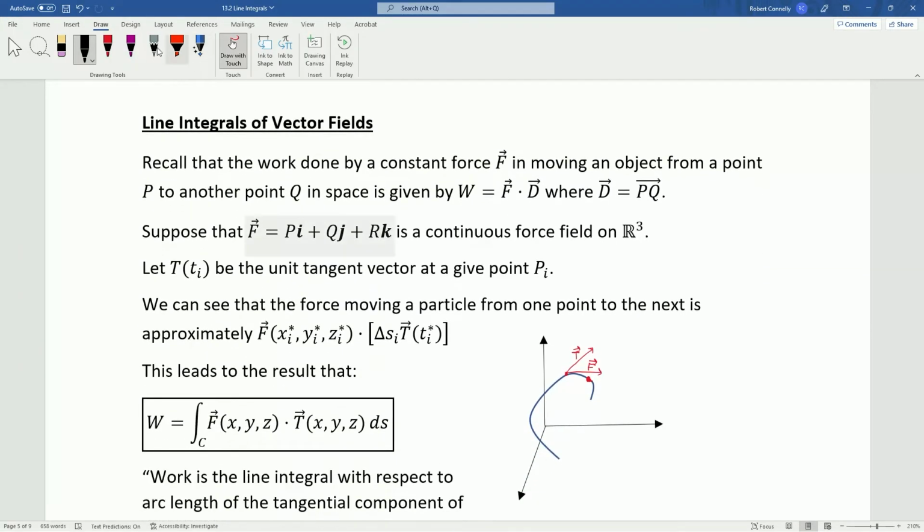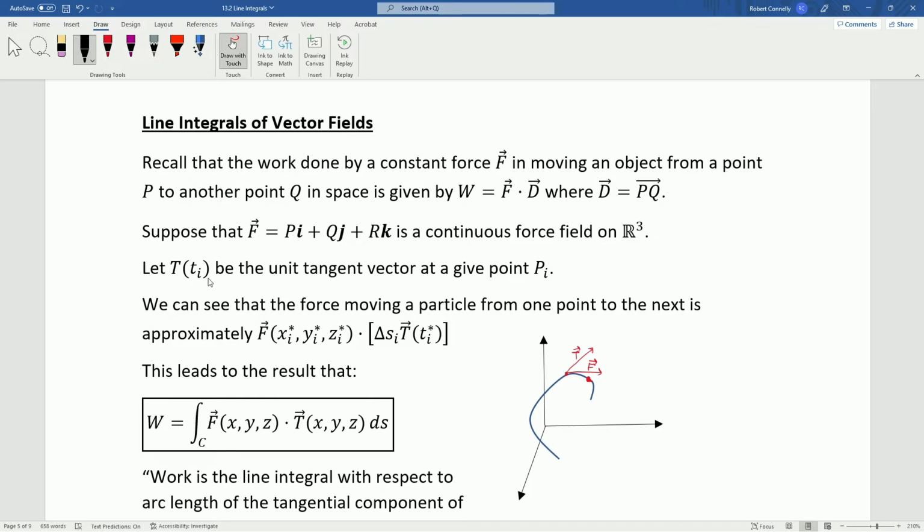Moving on. Line integrals of vector fields. Recall that the work done by a constant force F in moving an object from a point P to another point Q in space is given by work equals force dotted with distance, where the distance vector is the vector between P and Q. Suppose that F is given by P i plus Q j plus R k and is a continuous force field on R3.